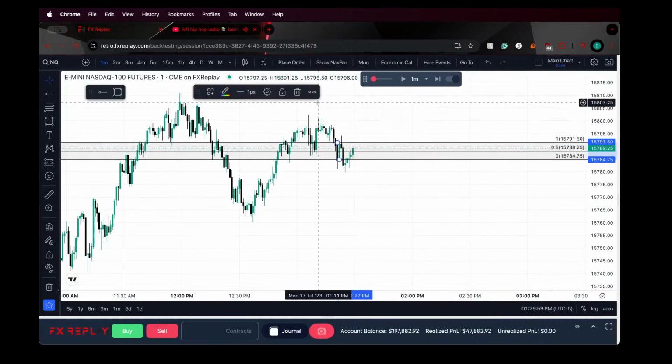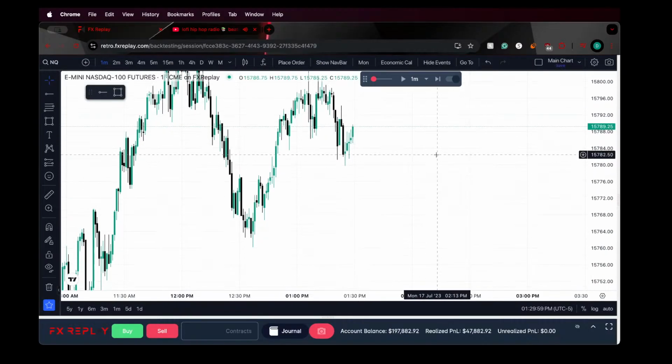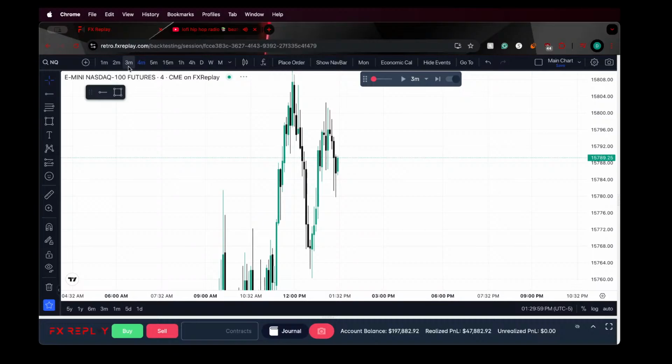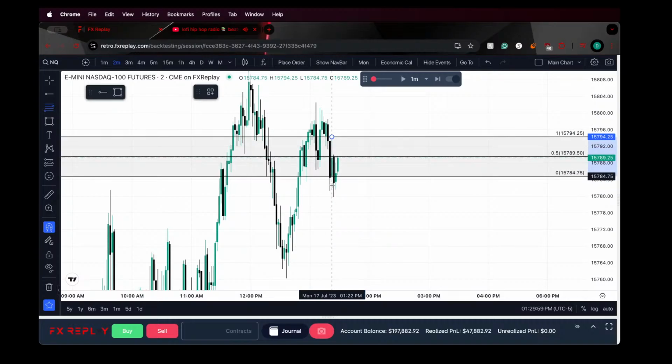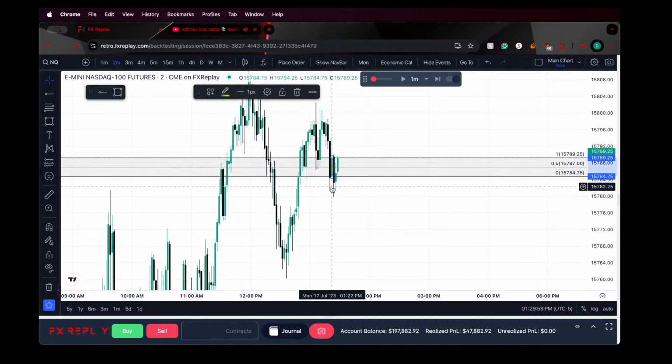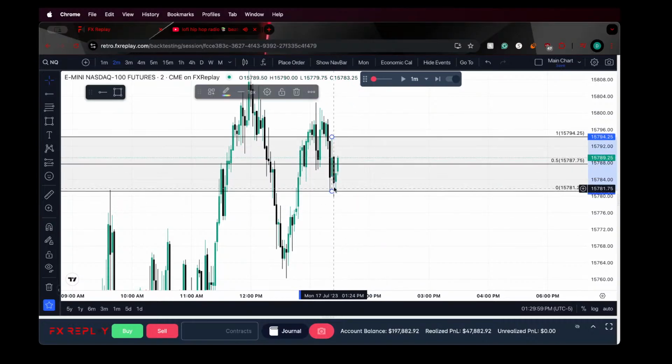No SMT at the highs either. So if we were to move higher, it would be now. We have a 3-minute right above, so it's something to keep track of. We have this 2-minute and body of that 2-minute. Okay.